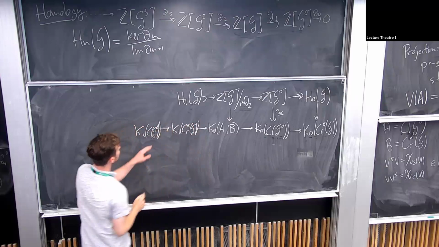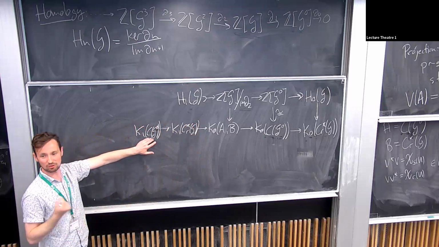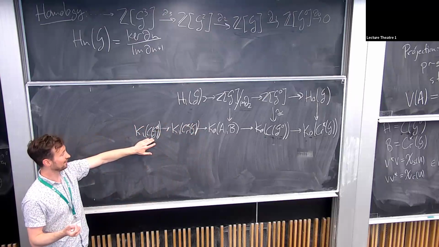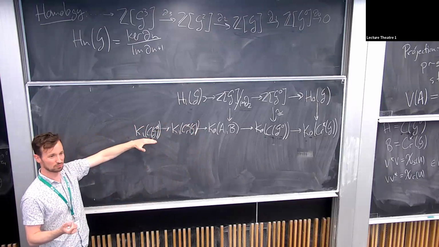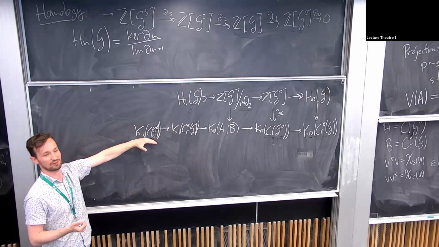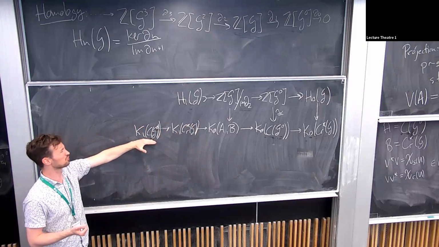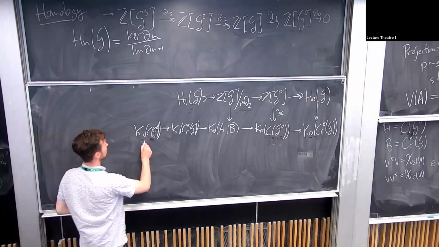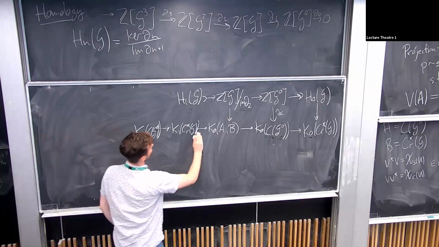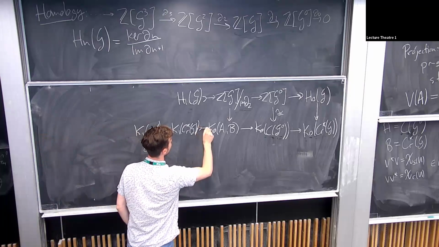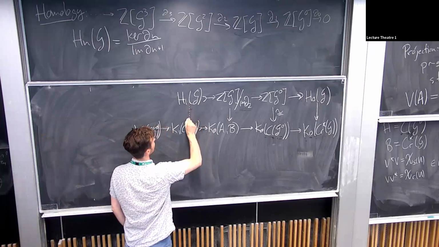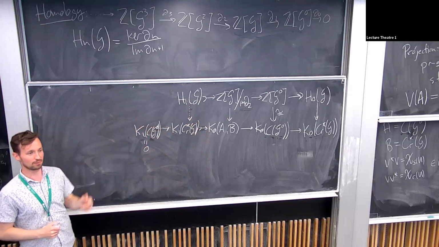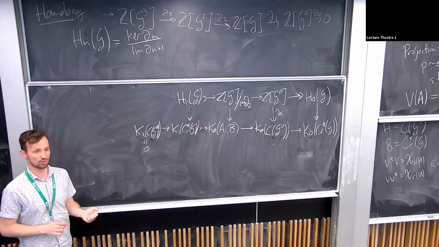But C of G0 was totally disconnected because it was an ample groupoid, and you can either hit it with more hard-hitting theory, like it's an AF algebra, so it's 0, or you can just prove that it's 0 by hand. It's a very easy exercise. This thing becomes 0, which means that this map here is injective, which means that we actually showed that there is a canonical map from H1 to K1.